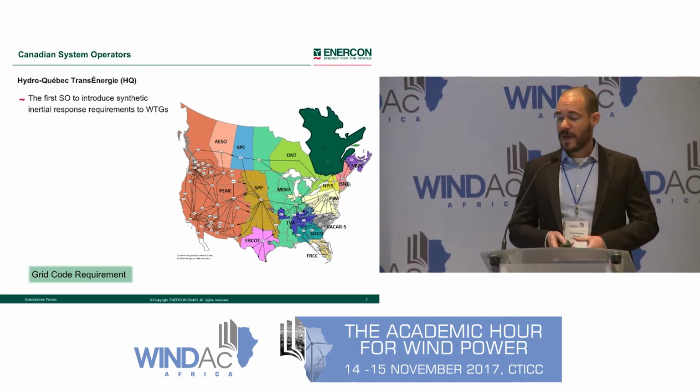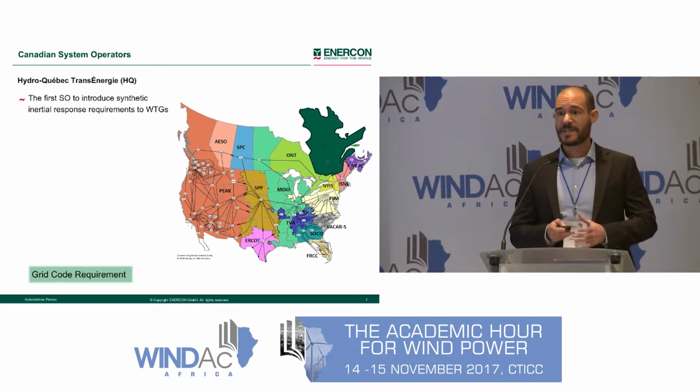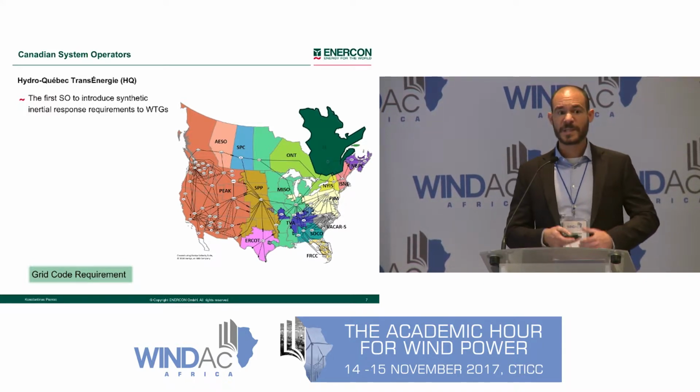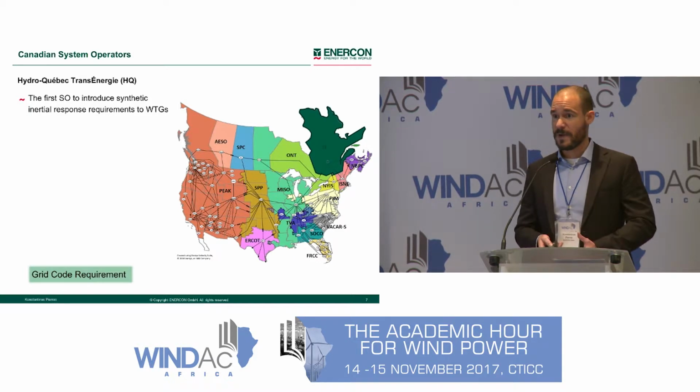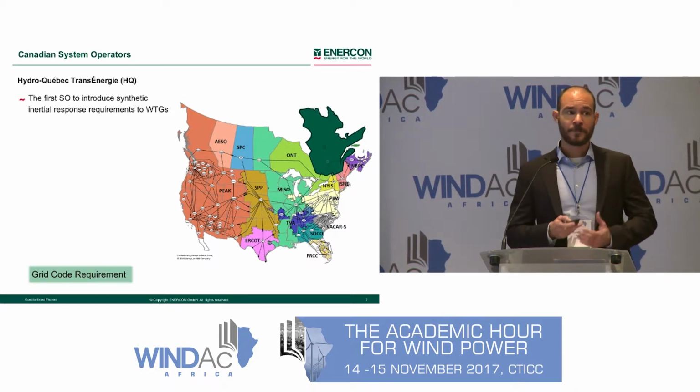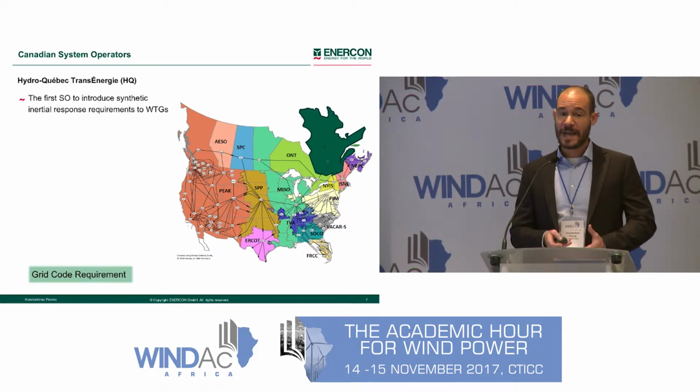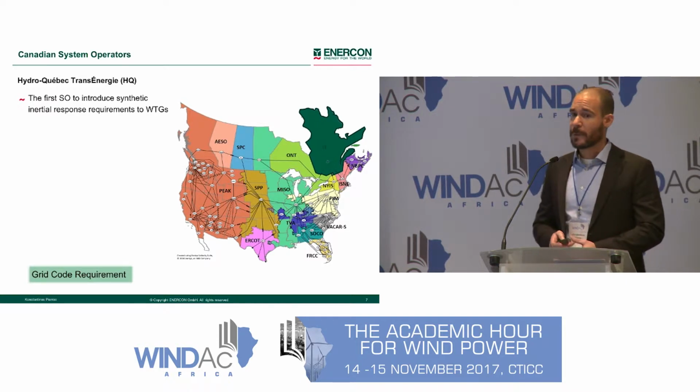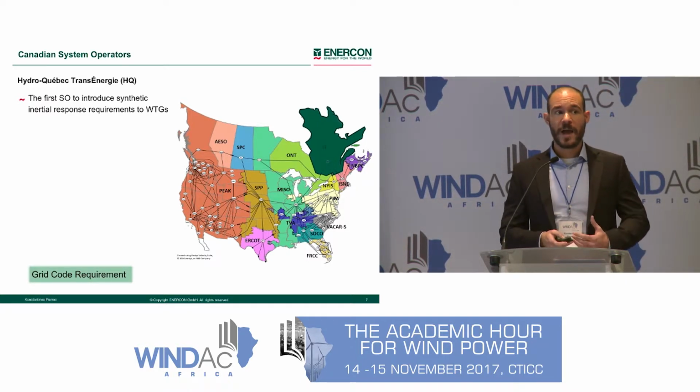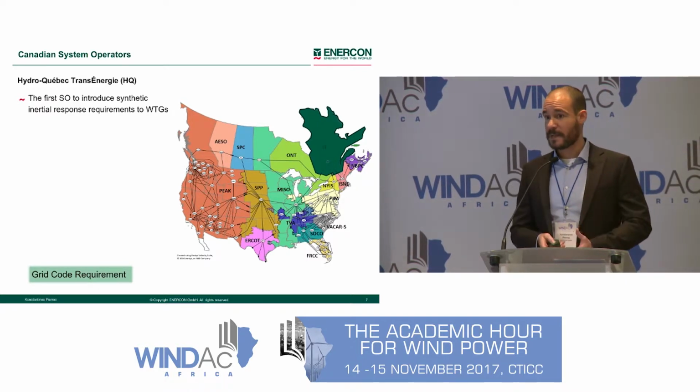Already in 2005, Hydro-Québec was the first system operator worldwide to require wind power plants to respond to under-frequency events by increasing their active power output. The introduction of these requirements was based on planning studies conducted by Hydro-Québec, so that 3.5 gigawatts of wind energy could be reliably integrated by the end of 2015.